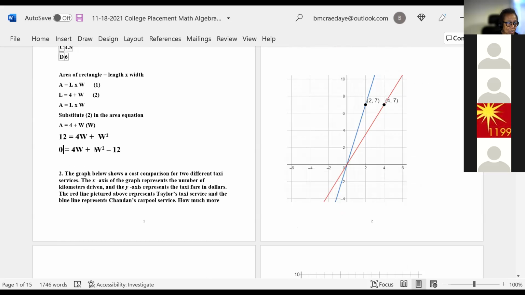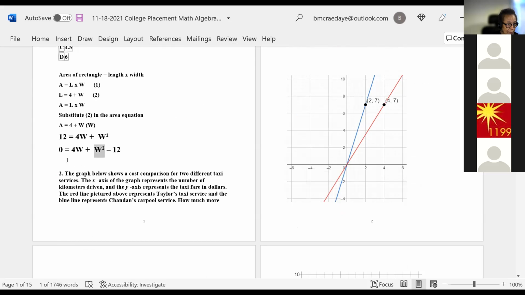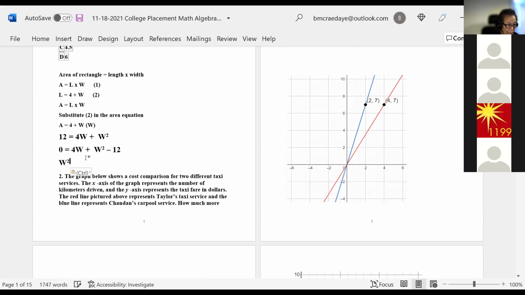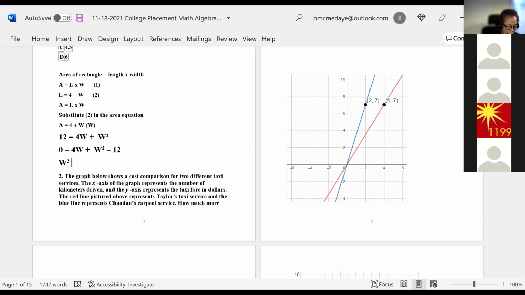So W squared plus 4W minus 12 equals 0. Now that's a quadratic equation.